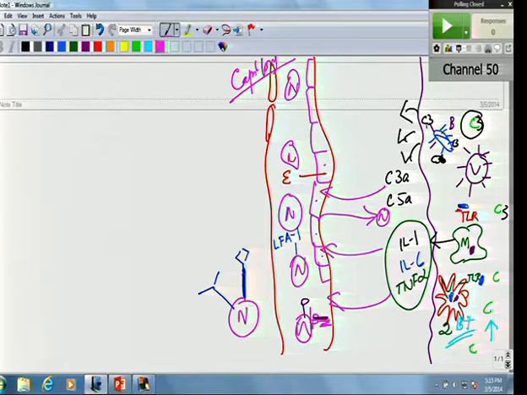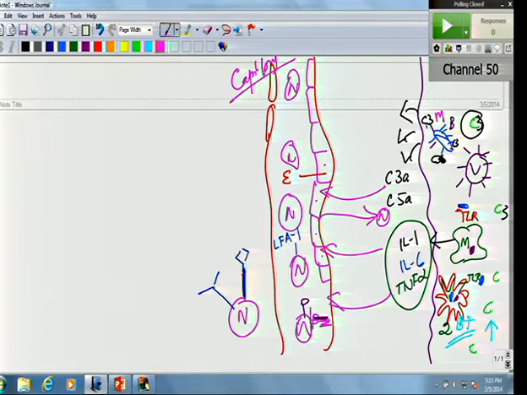Okay, so the complement. Now suppose the microbe had mannose on its surface. If there were mannose residues on the surface of the microbe, then the lectin pathway would have been activated. There are some fungi and some microbes which have those molecules on their surface. So the lectin pathway, what's the first component? Yeah, it starts with C4.